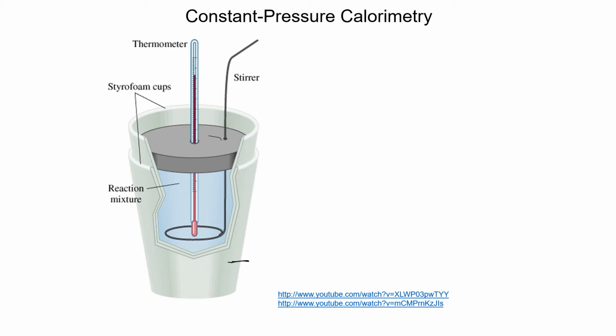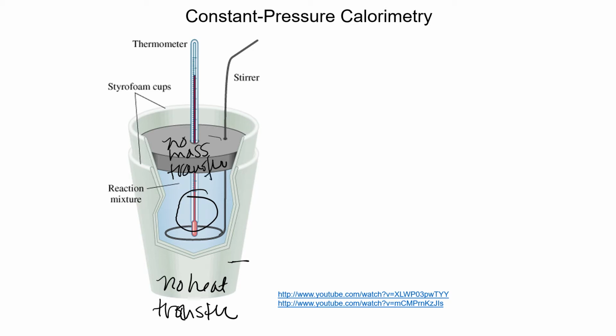So there's no heat transfer because it's insulated, no heat transferred from the cup, that is. The heat is transferred within the solution in here, not to the surroundings out here. And of course, with the cap, there's no mass or vapor transferred.